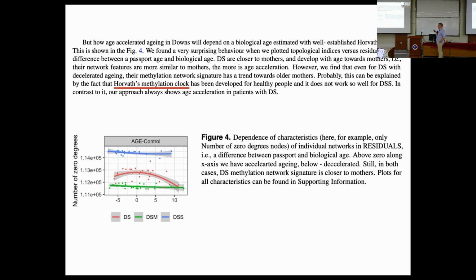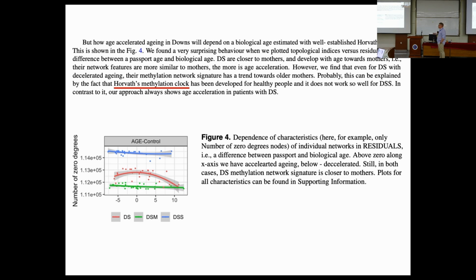And we have shown that this approach displays actually more precise results because for the positive difference between biological age and the passport age, Downs were closer to mothers, and even if the difference were negative, again, Downs were closer to mothers. So in both cases, we were able to compute this age more precisely than in the Horvath's methylation clock.